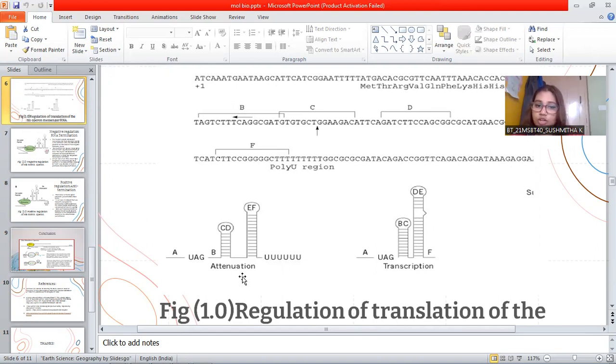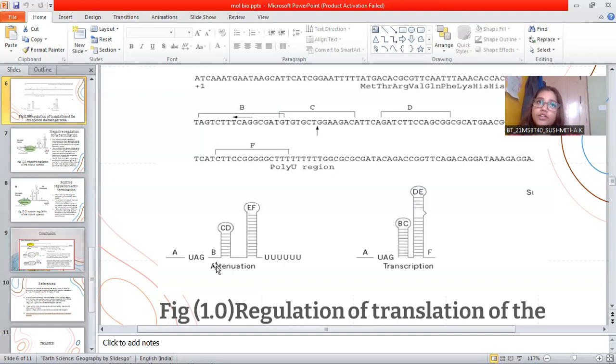This method is called attenuation. What happens over here is the ribosome will come until this sequence, until the B region, right after the 7 molecules of histidine are synthesized. That region is called B region.